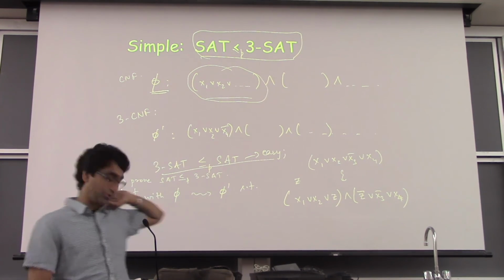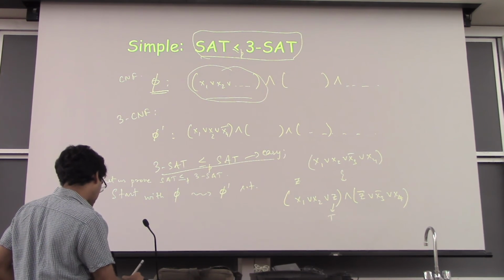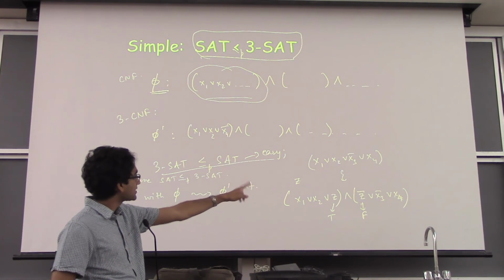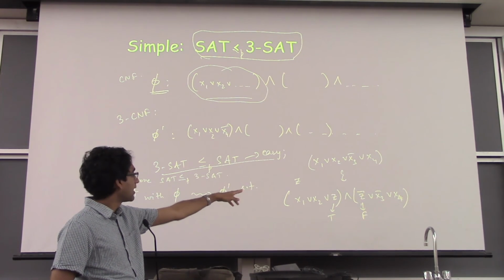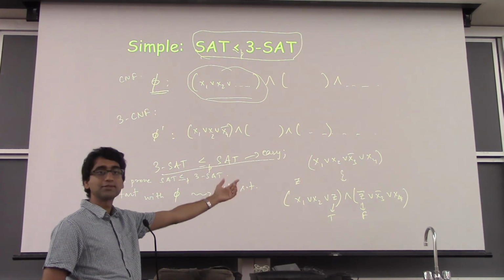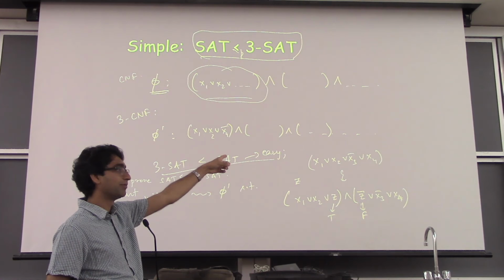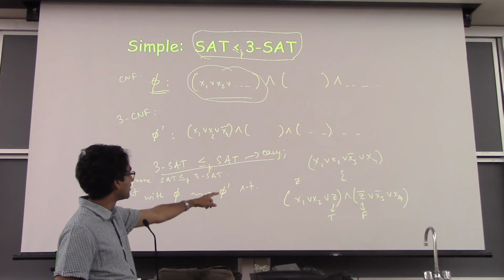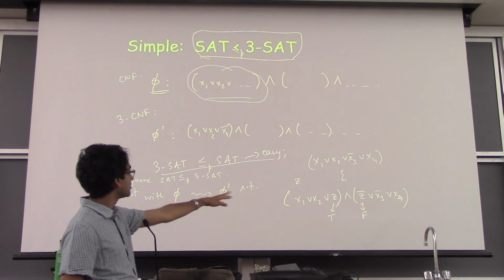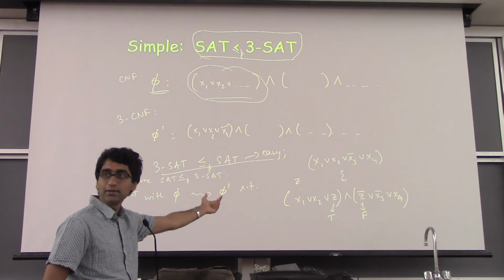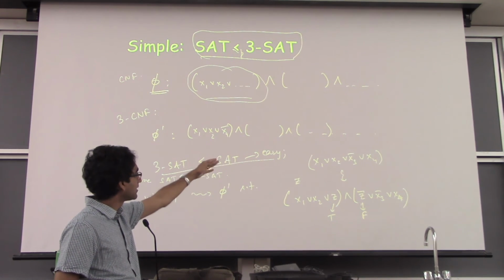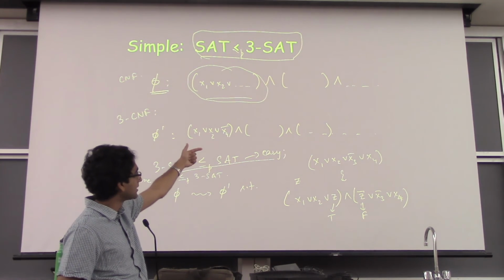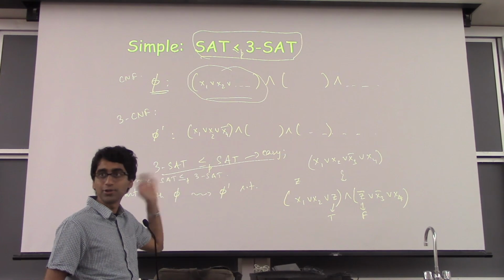Setting z true makes z bar false, so for that clause to be satisfied, either x3 bar or x4 has to be true, in which case even the top one will be satisfied. Similarly, if z is set to false, then the top is true only if x1 or x2 is true, in which case the original is also true. And the same in the other direction: if the original one is true, then set z appropriately, and you can make this satisfied.